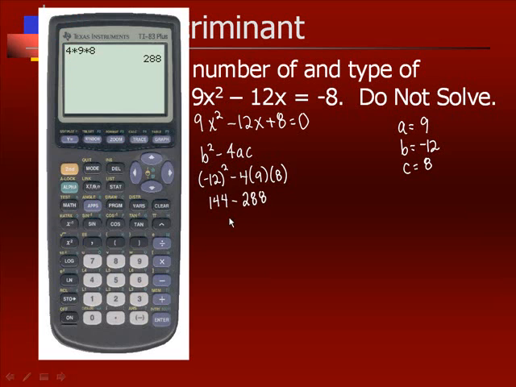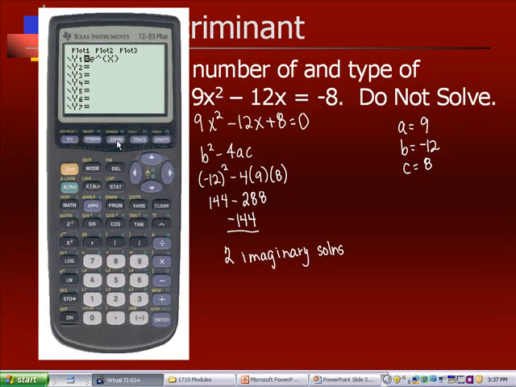So 144 minus 288 would be negative 144. D is negative, which means we're going to look for two imaginary solutions. Okay? Now, just to verify that, let's go back up here as y equals, and let's enter our equation.